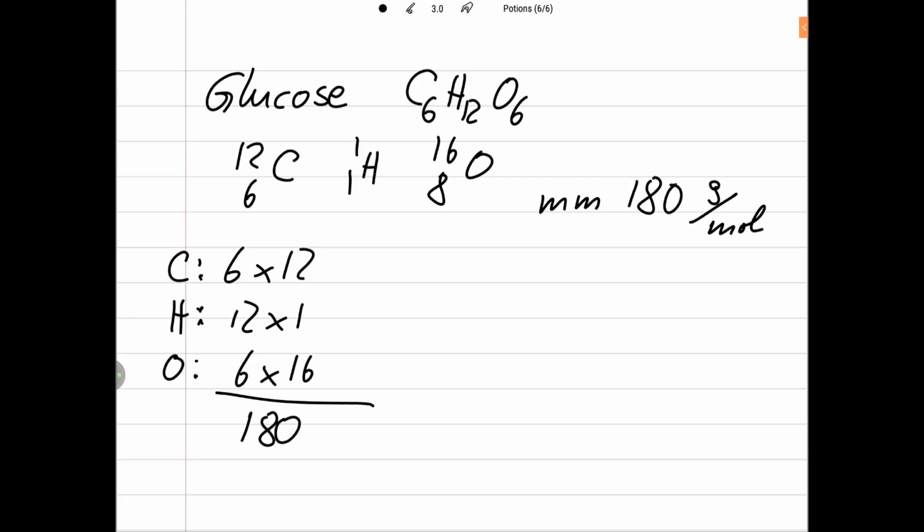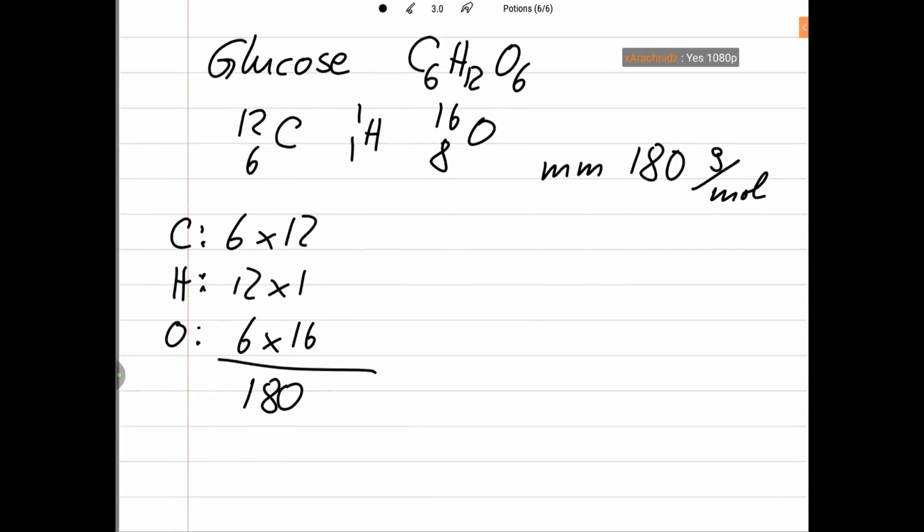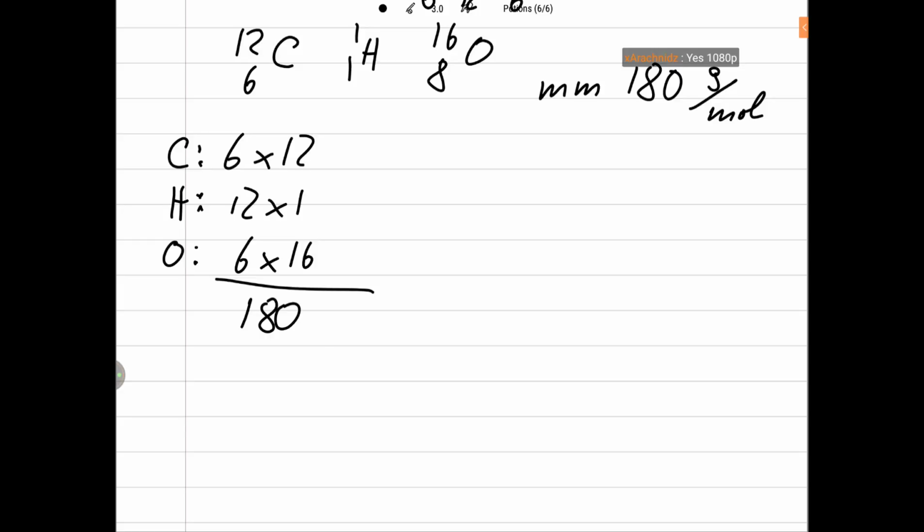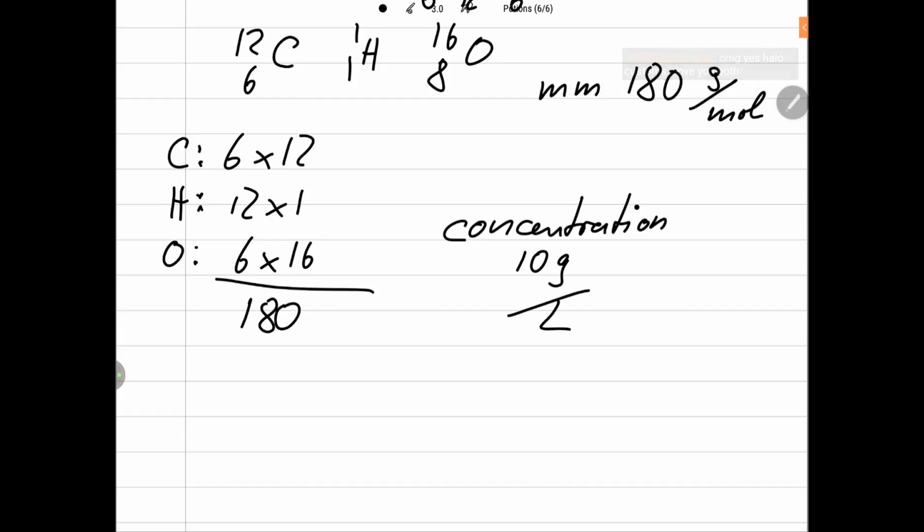So it's quite easy to figure that out. But sometimes we don't know exactly, particularly if it is an unknown or uncharacterized substance, we don't always have the molecular mass. Does that mean we can't make a solution of that? Oh, no, we can. We could have a concentration of, let's say, 10 gram per liter.